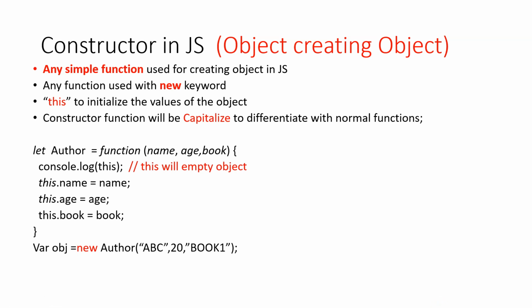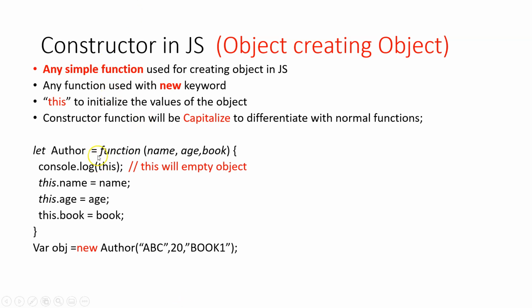For creating an object out of a function, you need the new keyword. We have to do it like this: new Author. So the next thing needed for creating an object is the new keyword, and the other thing you need is this.